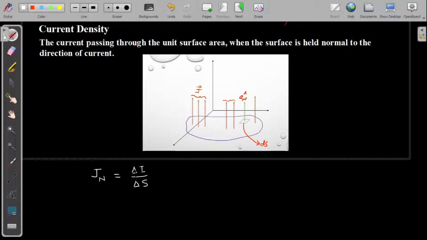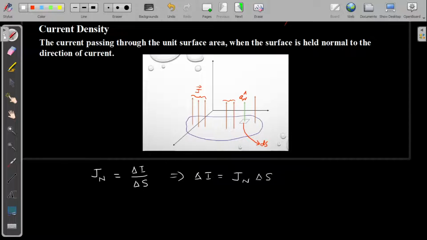So here I am talking about a small surface and a small current. So incremental current by incremental surface is going to give me some amount of density. Or from this I can easily write delta I as Jn delta S.